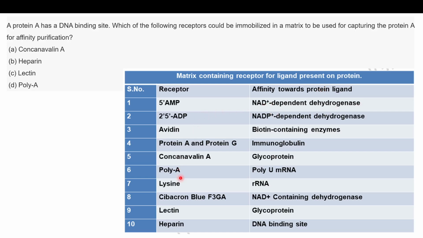Okay. So suppose lysine can be attached to the matrix which can bind to ribosomal RNA. Lectin can be attached which can bind to glycoproteins. Heparin can be attached which can bind to DNA binding proteins. So the answer will be option B here. Okay. This is the direct table from the lecture video only.